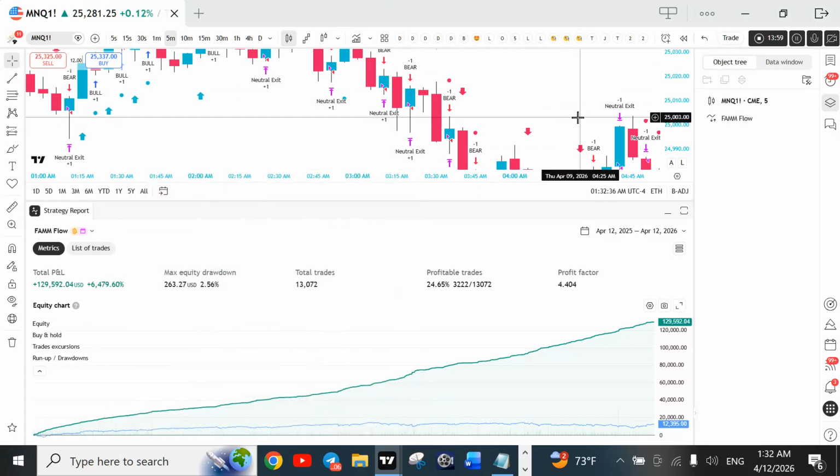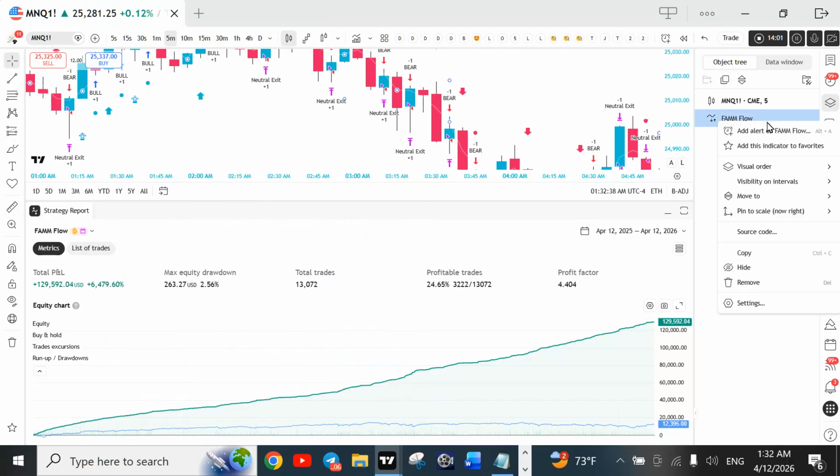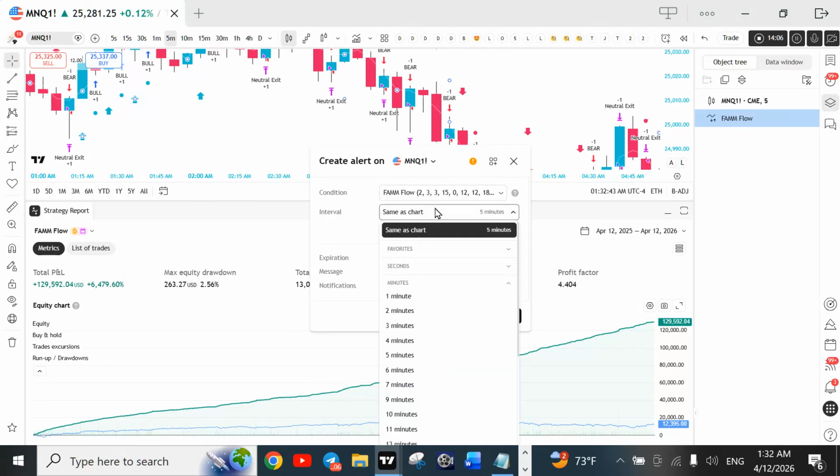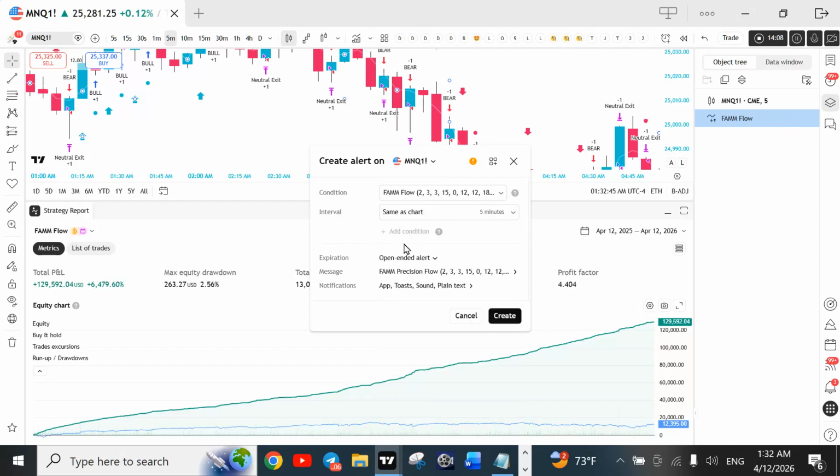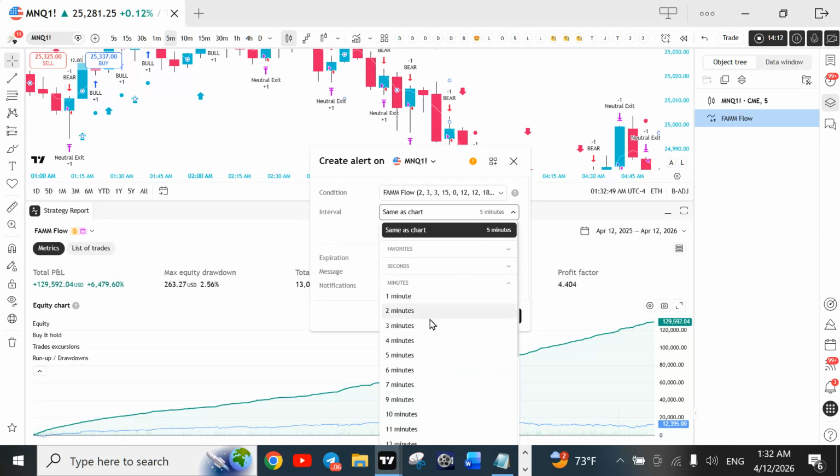What do you do? You just drag it to the chart, drop it, and then when you want to set that alert, you're going to set this alert. Do the same as the chart.